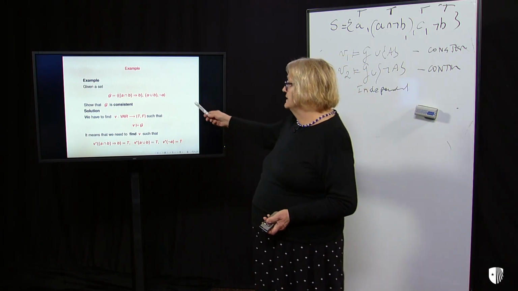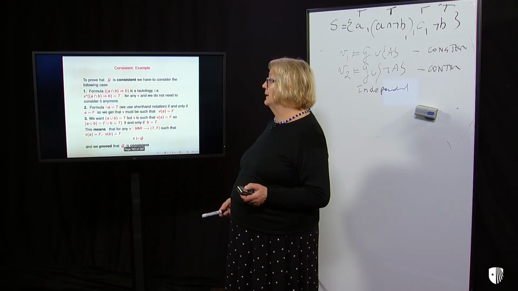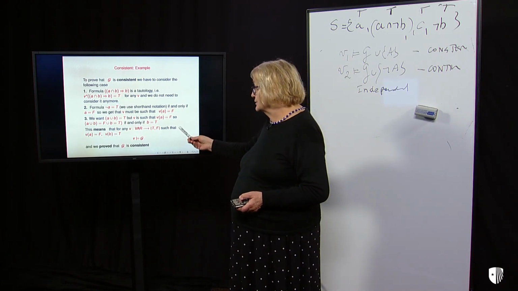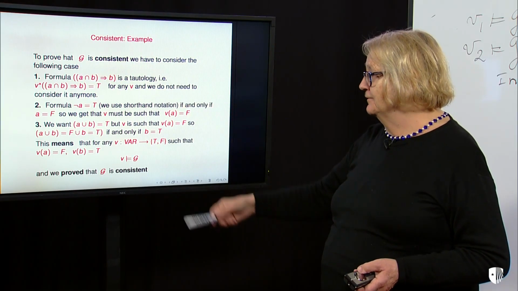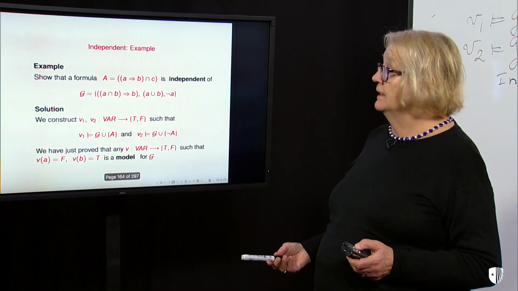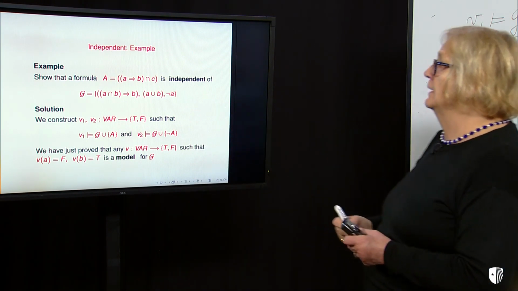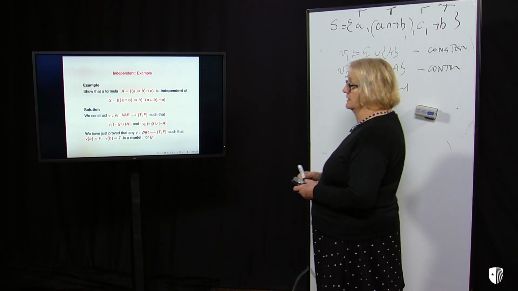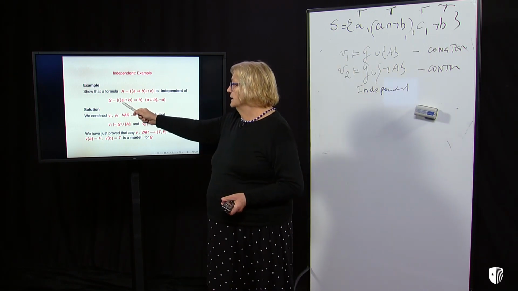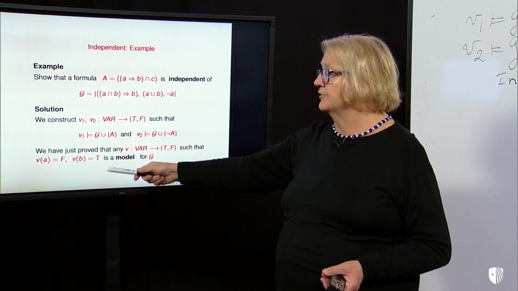So we proved that this set was consistent, and we found that it had only one model. And here I was writing with all these V's. Now show that this formula is independent of the set. You have to find two models.